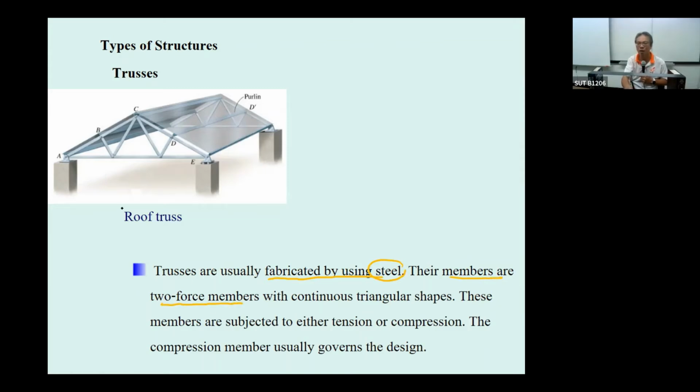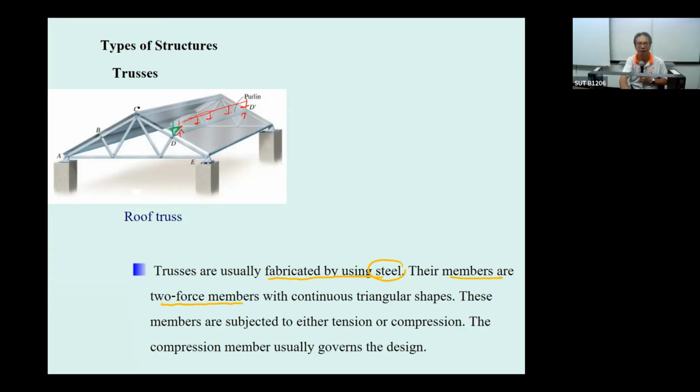If you build it properly, the loading from the roof will transfer to the purlin, and the reaction at the purlin will act on the joints of the truss.